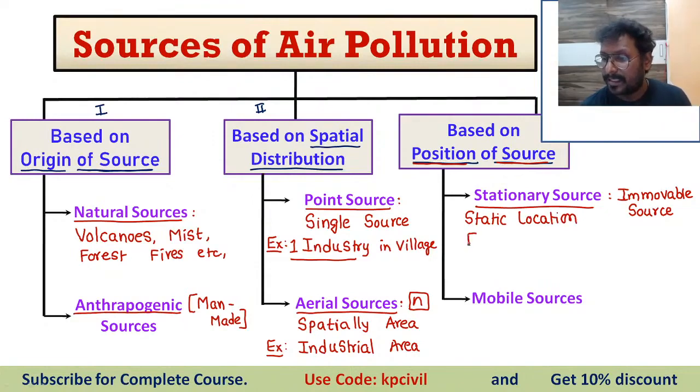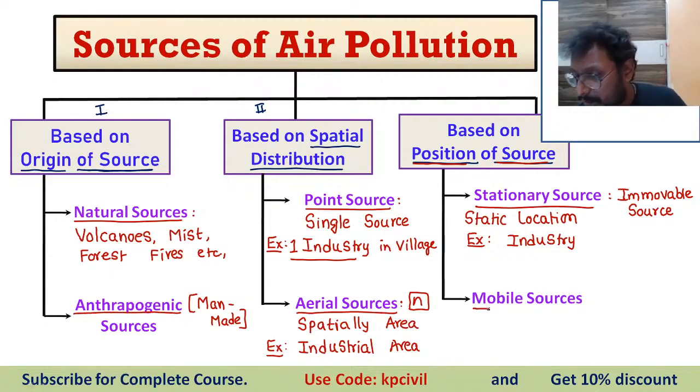Example, again industry. Will an industry move anywhere? Will an industry change its air pollution place to place, time to time? No. Once an industry is constructed, the origin of air pollution from that industry is fixed at the same location. It is not at all varying. That is a static location, a statically located source.